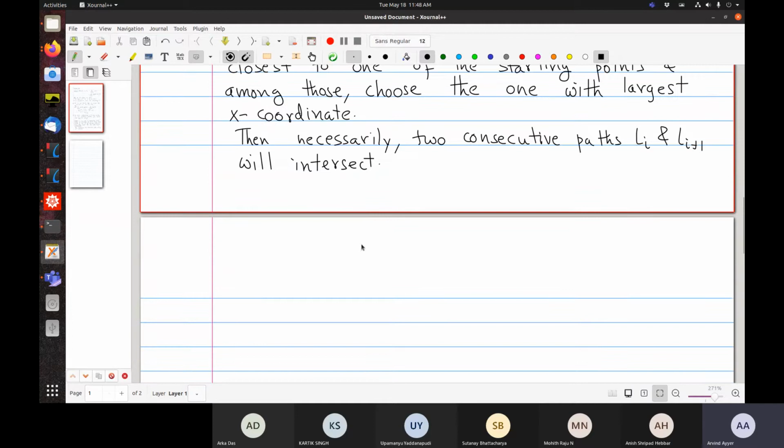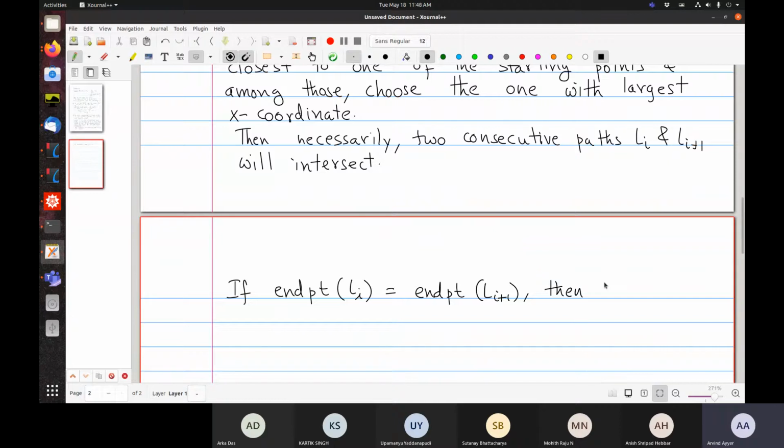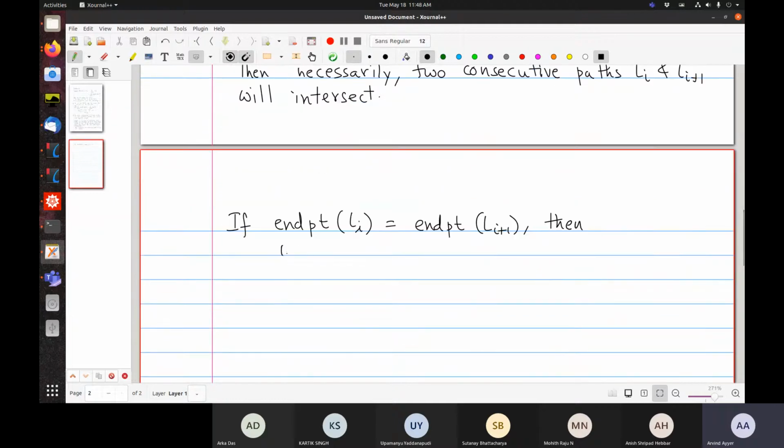Now, if the endpoint of Li equals the endpoint of Li plus 1, then the weight of L is the sum over pi of the weight of L pi times the sign of pi.